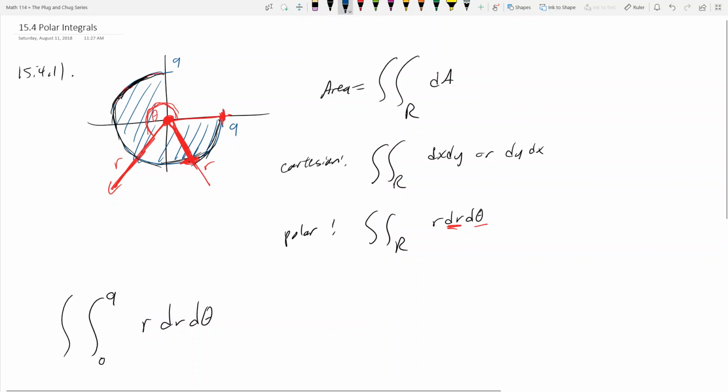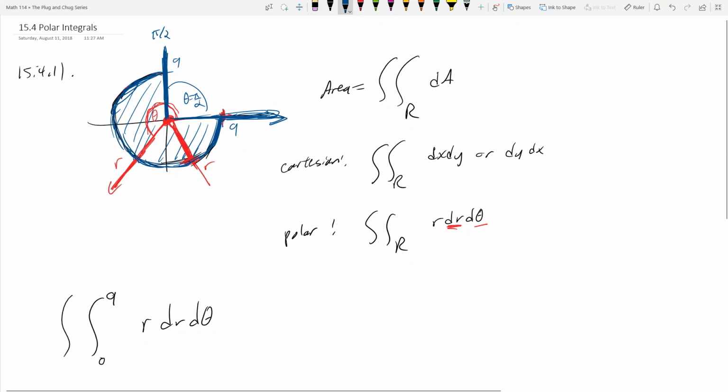For d theta, our region starts along the positive y-axis first, and we go along the circle all the way back over to the positive x-axis. So we're going from pi over 2, because the angle the positive y-axis forms is pi over 2, all the way over to the positive x-axis, where the angle is 2 pi.